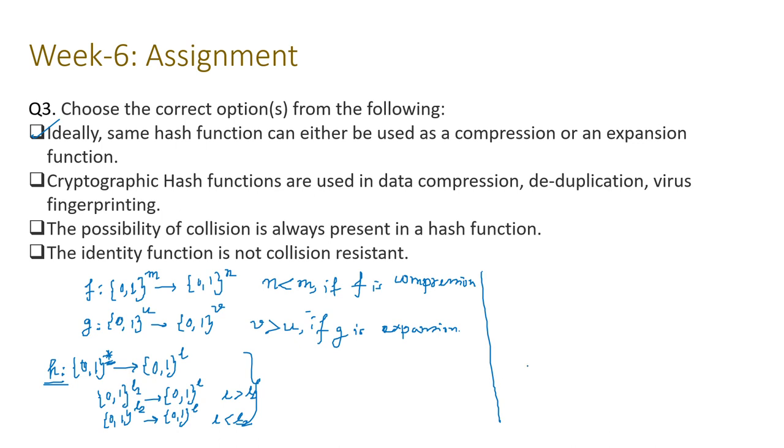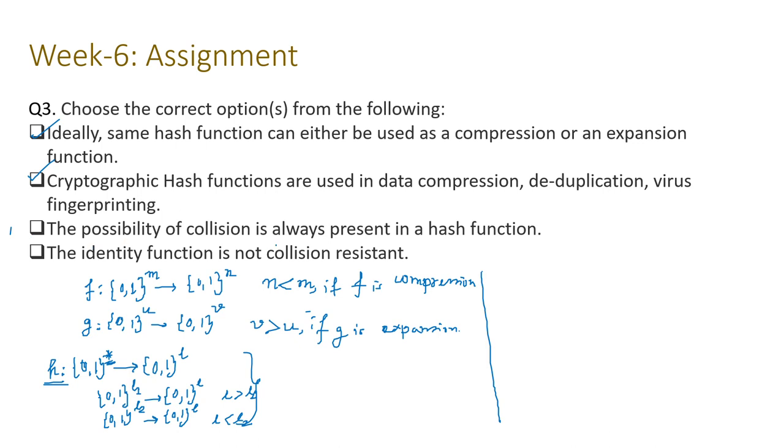So that is virus fingerprinting. For malicious code, you can have its corresponding fingerprint by using the hash of that particular file. So yes, a cryptographic hash function can be used in data compression, deduplication and virus fingerprinting. This statement is also correct.